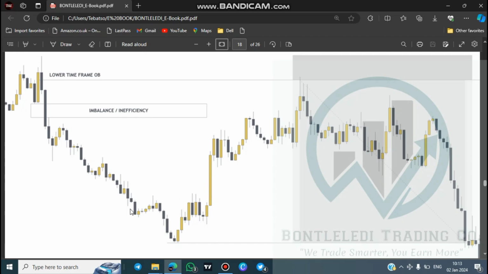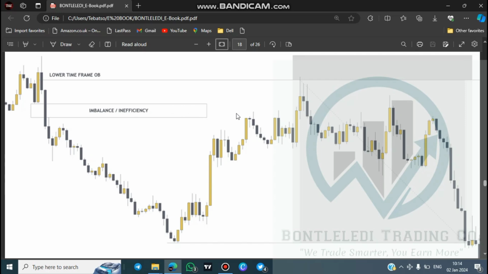Someone may see an inverse head and shoulders pattern over here, but we do not trade according to those. We're just looking for where price is likely to go. This is where price is likely to go, because there's an order block that has an imbalance on it. This is where we know that this is a high probability order block entry point.